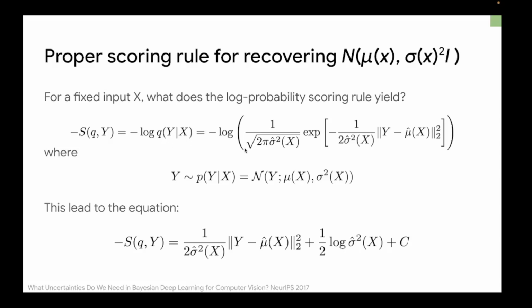And for q of y given x, we plug in the formula for the density. If you remember correctly, that's 1 over square root of 2 pi sigma squared times exponential of minus 1 over 2 sigma squared times the L2 distance between y and mu.